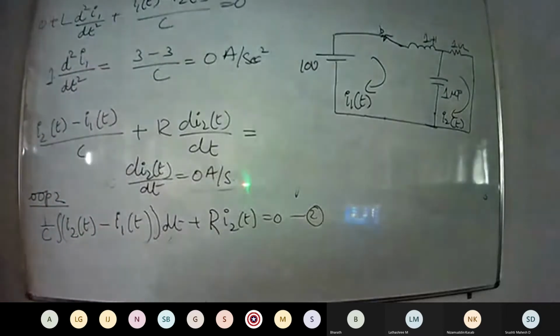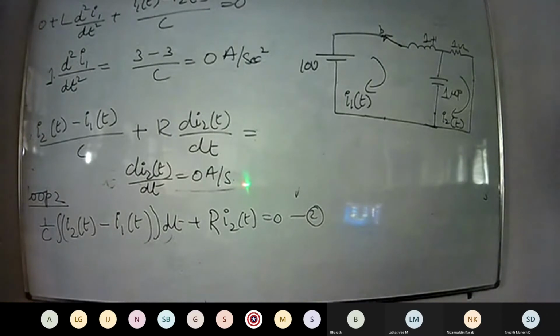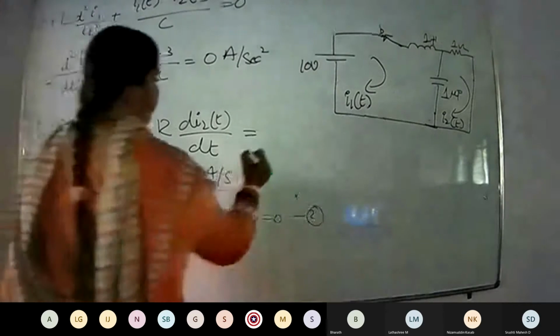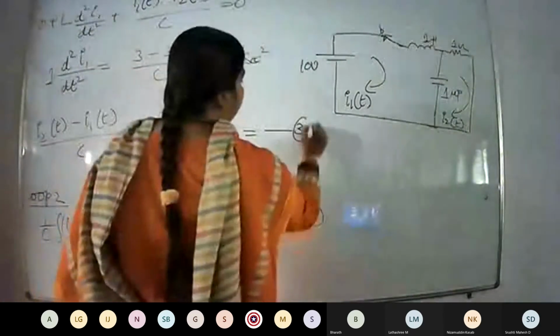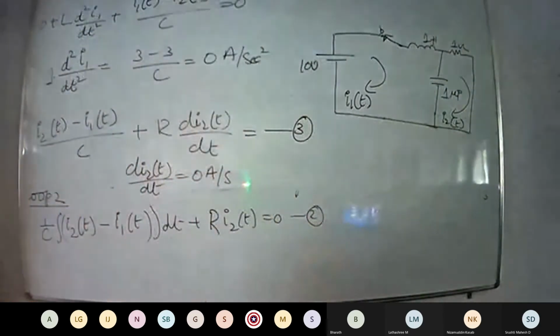Next we have to find d square I2 of t by dt square. Call the differentiated loop 2 equation, equation 3.